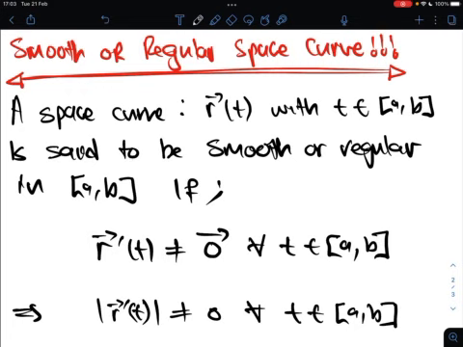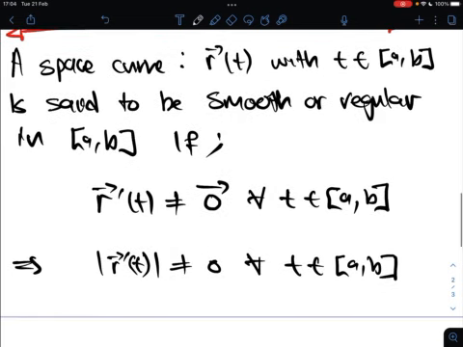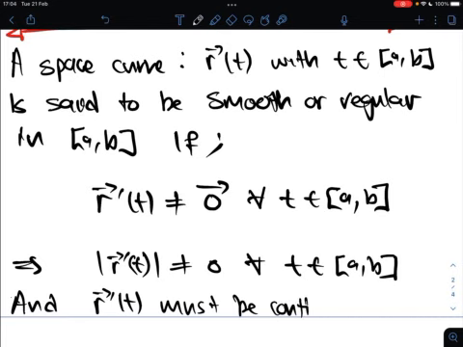It means it has to satisfy this condition, and we don't care if this condition were to break for some parameter values that are outside the given interval. What we want is for the defined interval, this property must always hold true. The derivative must always be like this, and also r prime of t must be continuous in this interval.